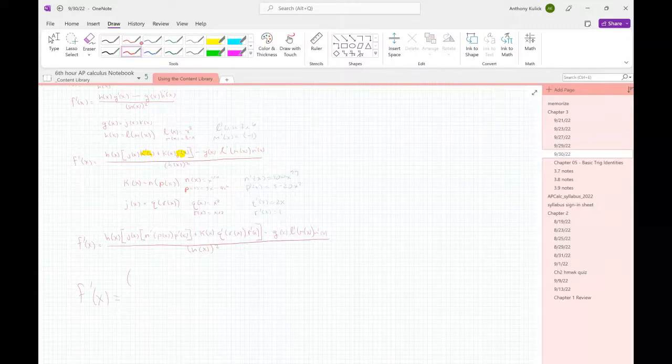So h of x was x, 8 minus x to the 7th. J of x was x plus 2 squared.